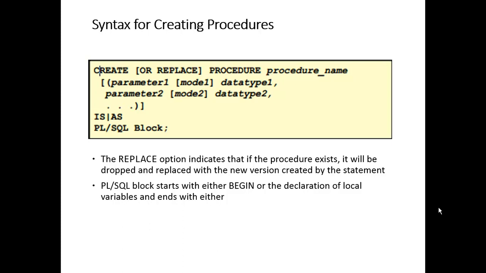The first is CREATE OR REPLACE PROCEDURE name. The REPLACE option indicates that if the procedure exists, it will be dropped and replaced with a new version created by the statement. The PL/SQL block starts with either BEGIN or the declaration of local variables and ends with END.